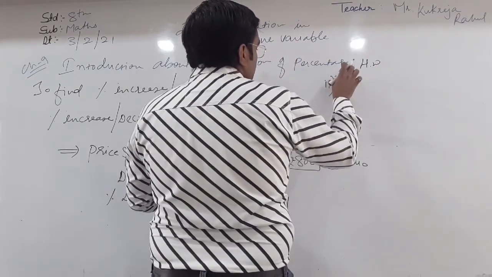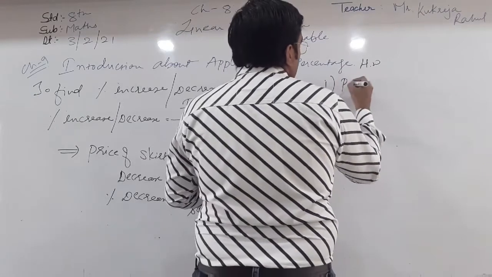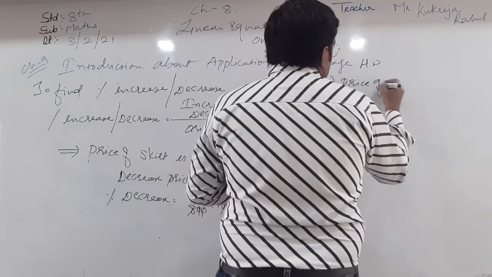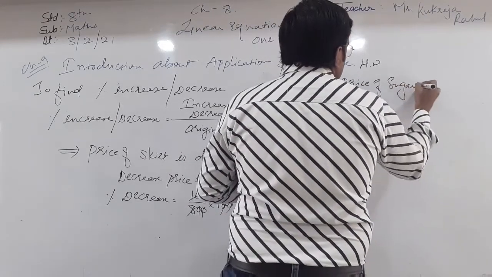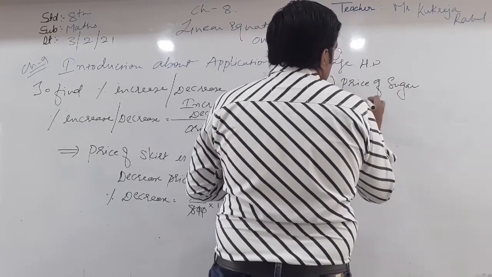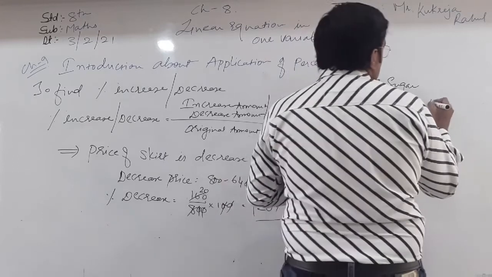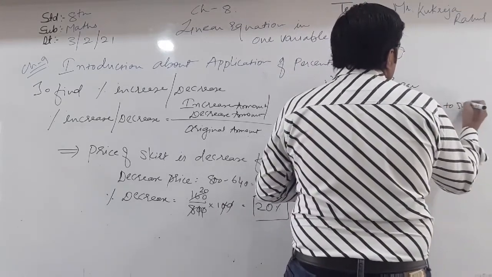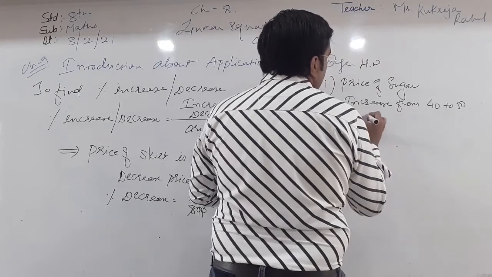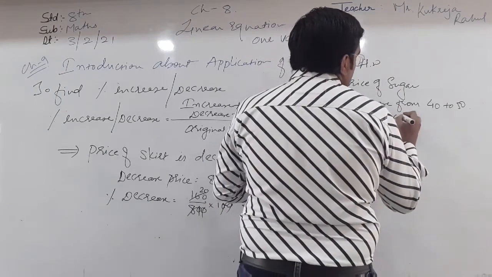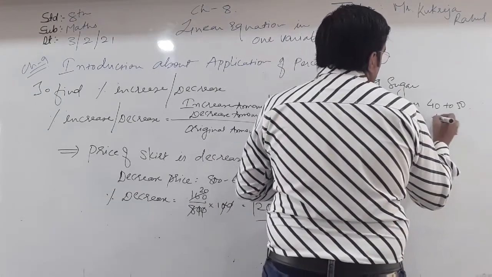First sum: price of sugar increased from 40 to 50. Find increase percent.